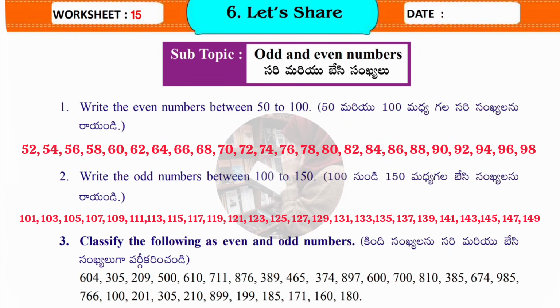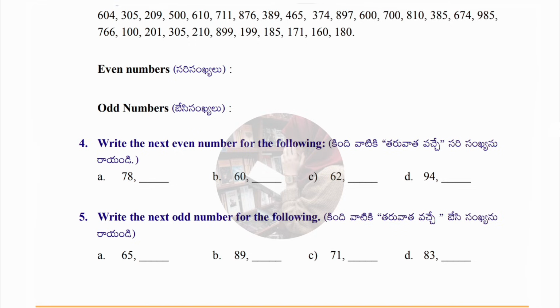Understood, guys? Okay, let's see the third Roman, which is classify the following as even and odd numbers. Here some numbers are given. From that we have to pick the even numbers and odd numbers separately and write it down here.